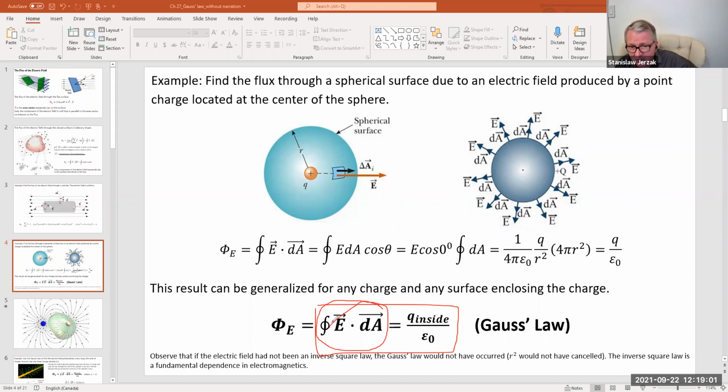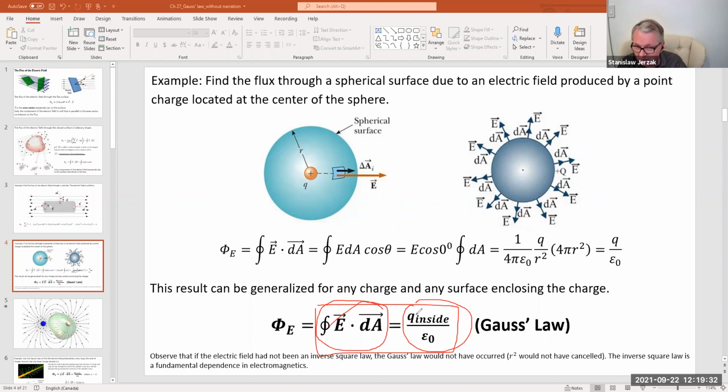That integral can be horribly complicated because this is a vector integral over the surface. The surface can be complicated, and the electric field might not be uniform, different in magnitude and direction at every point on the surface. But Gauss law tells you that you can replace that complicated integral by that simple expression, charge inside divided by epsilon zero. That's the amazing part of Gauss law.